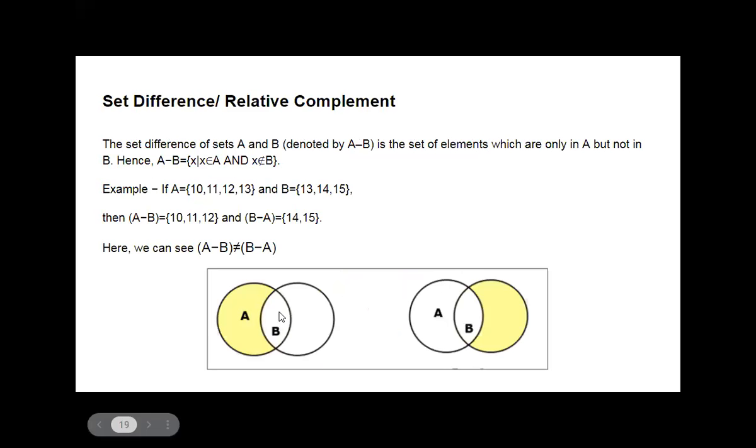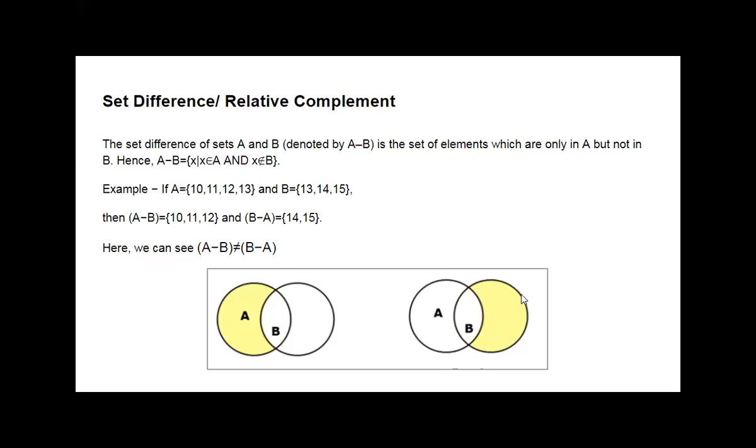Then set difference is there. Only the elements of A is nothing but A minus B. Common elements are not there in set difference. So this is A minus B. Same here is B minus A. Here only the elements of B are considered. Elements of A which are in common with B are not considered.